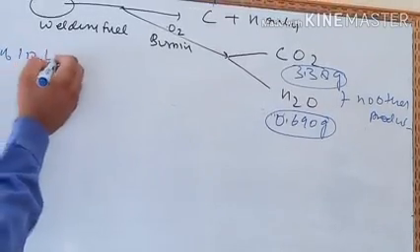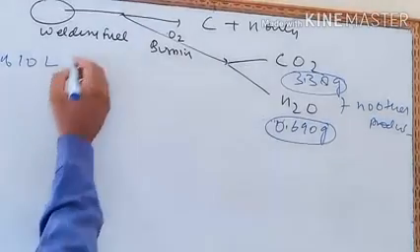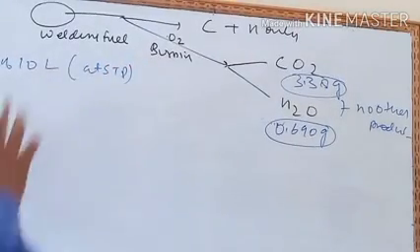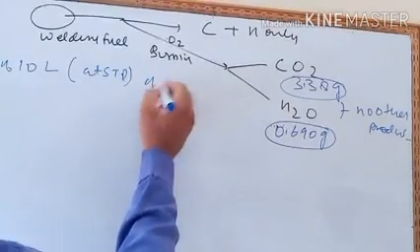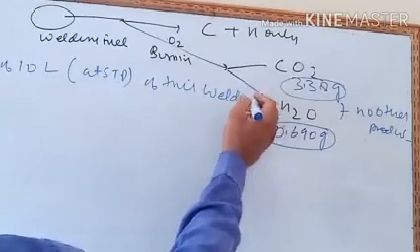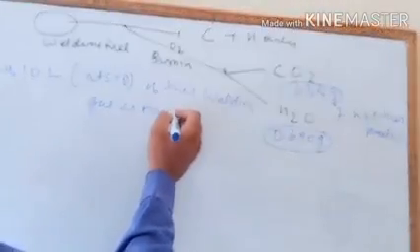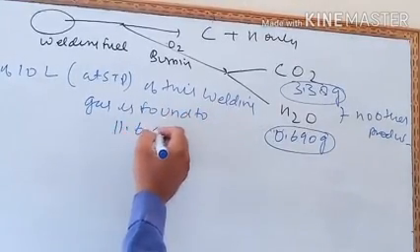Now in this numerical, a volume of 10 liter, measured at STP, of this welding gas is found to weigh 11.6 gram.